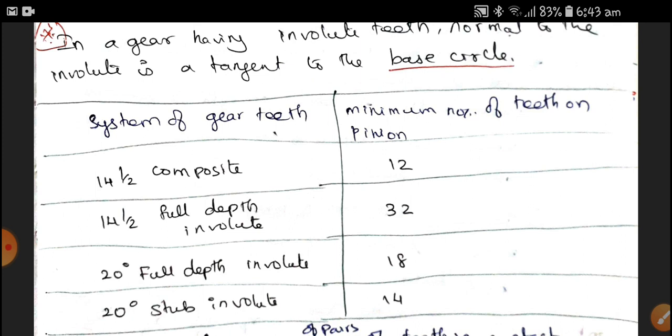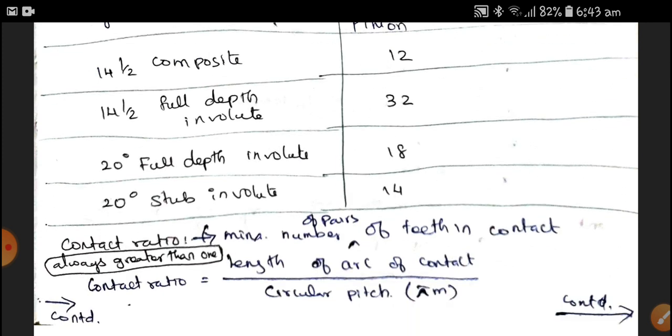If it is a 20-degree full depth involute system, then the minimum number of teeth on the pinion is 18, whereas for a 20-degree stub tooth involute system, the minimum number of teeth on the pinion is 14.